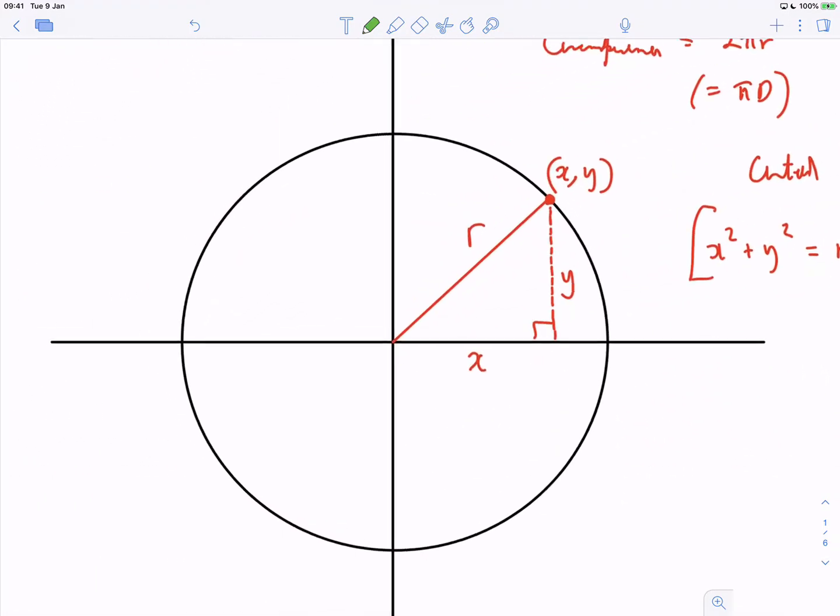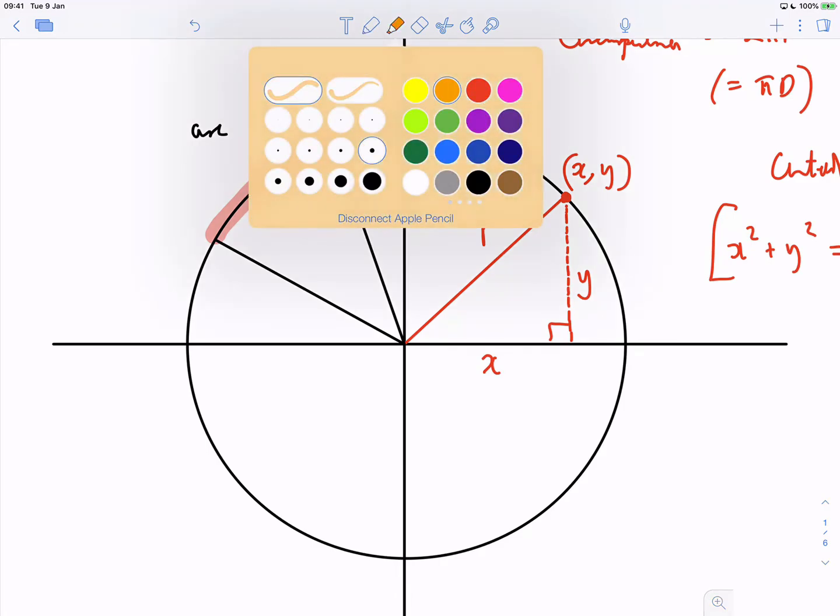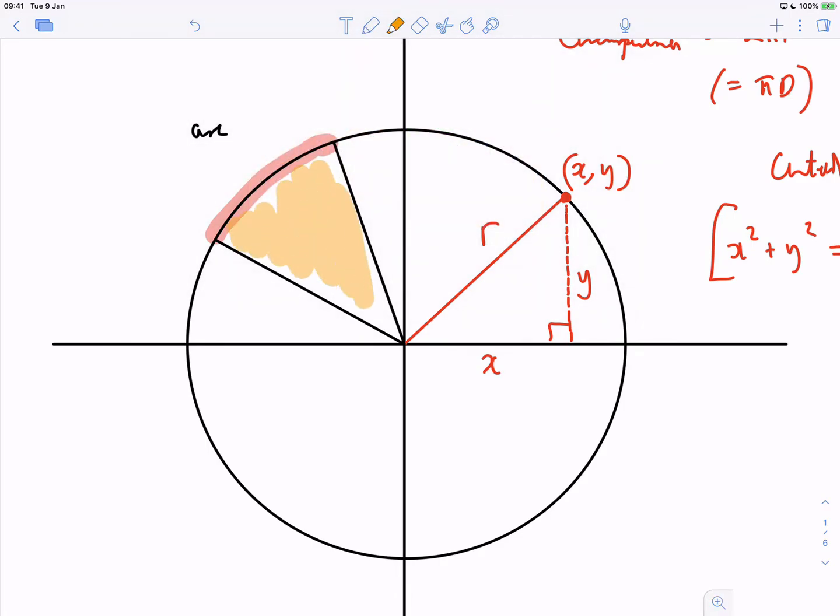Key points. What is an arc? An arc is a section of the circumference. If I draw a radius going from there to there, and from here to here, then this red section is called an arc. This orange section here is called a sector.